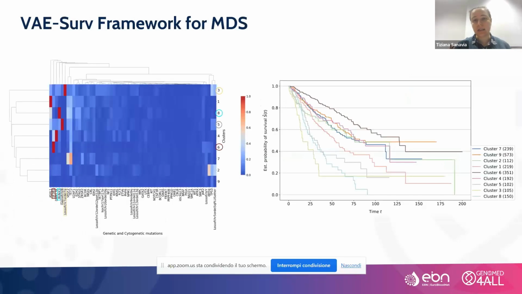And the results that we obtain are quite encouraging because we can see clusters that are well characterized since they are able to identify specific groups of mutations in the patients, and also the groups of patients identified show different profiles in terms of survival probabilities.